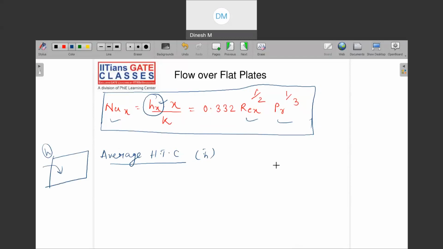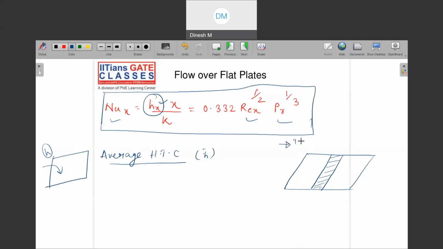So what you can do in order to find this is that you will go on to that plate and take a strip, and then you try to analyze the flow upon this.